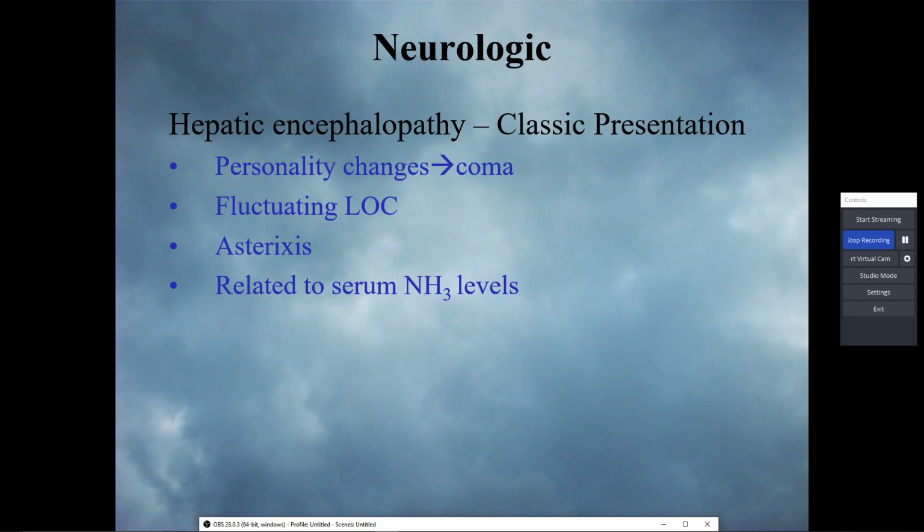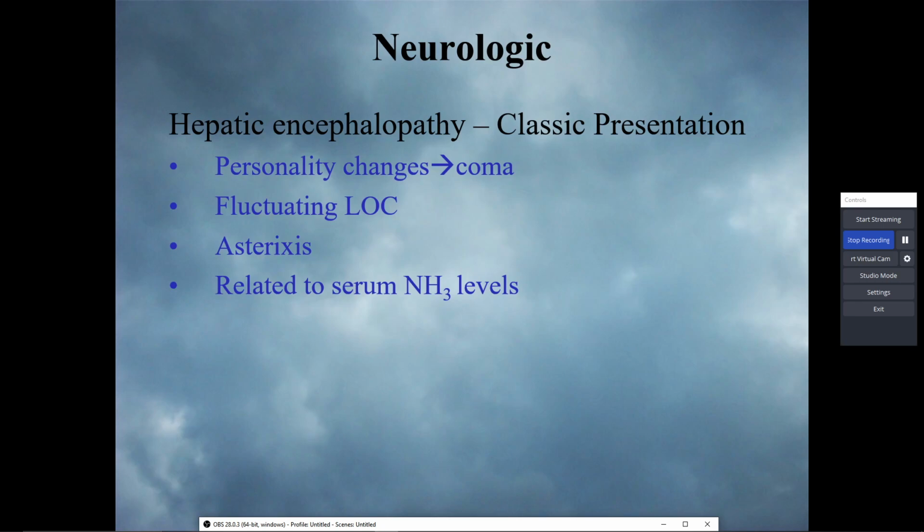Your whole entire central nervous system is going to get angry. Anything that's a neuron is going to get angry. And the first way we see some of that hepatic encephalopathy is agitation and irritability as it presents with personality changes. Eventually, left uncontrolled in extreme states, it can lead to coma. We can get a fluctuating level of consciousness based on the increases and decreases of the ammonia.